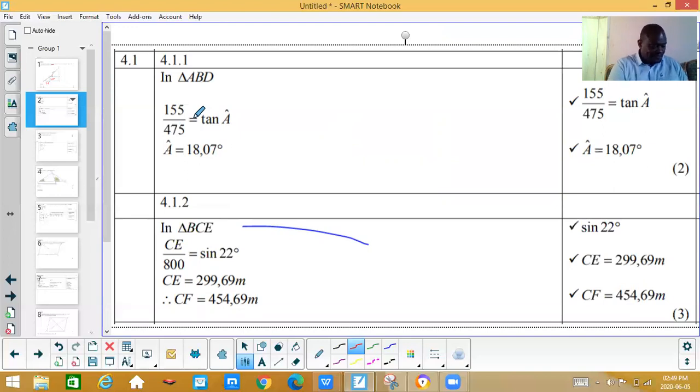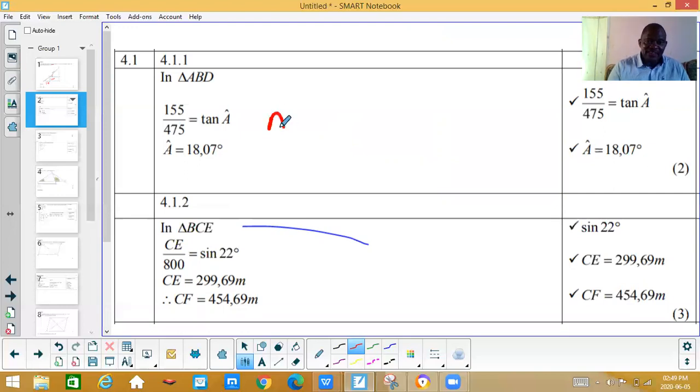You press the second function and then you press tan. If you want to find the angle A, you say arctan. The second function writes tan in this format, tan to the power of minus 1.